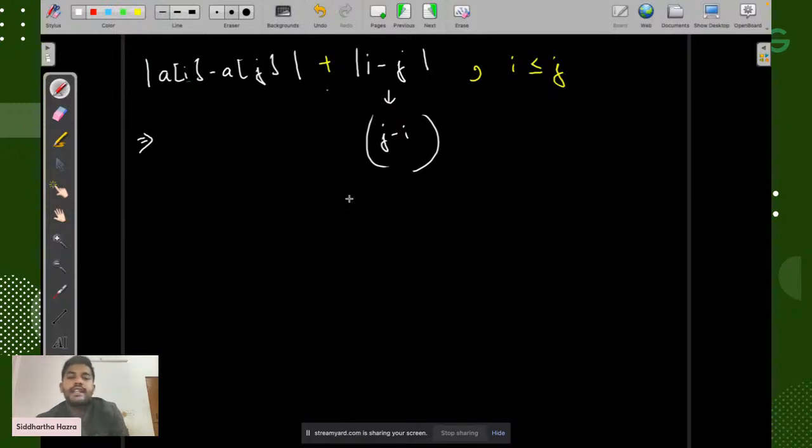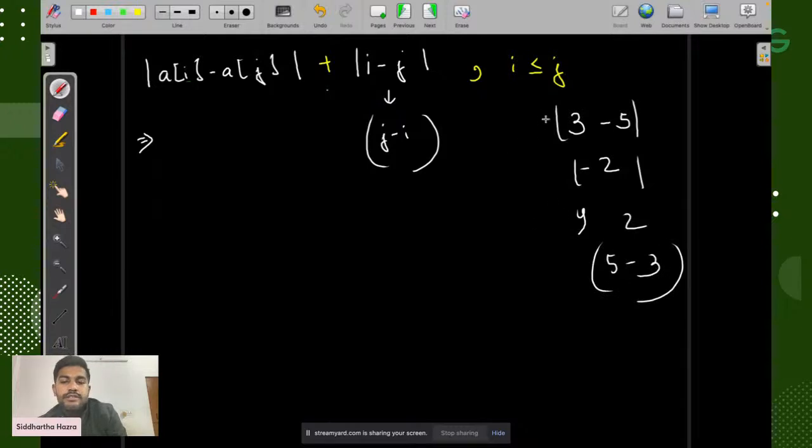Suppose i is 3 and j is 5, so 3 minus 5 would be negative 2 and the absolute value would be 2. So we can simply write 5 minus 3 instead of this. So we can remove this absolute value thing and get the same result.